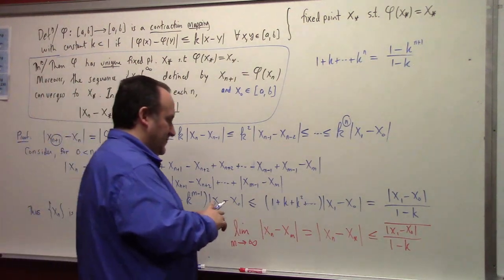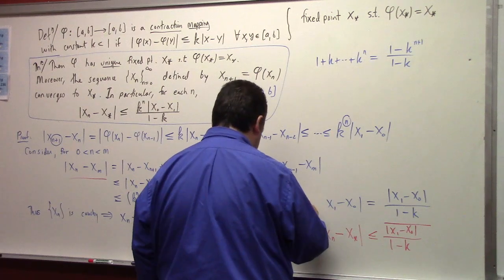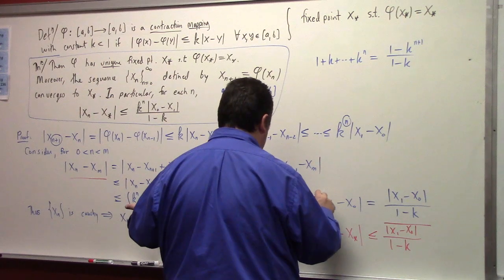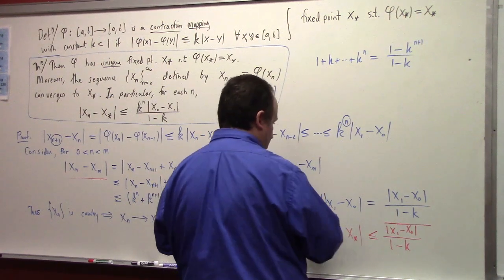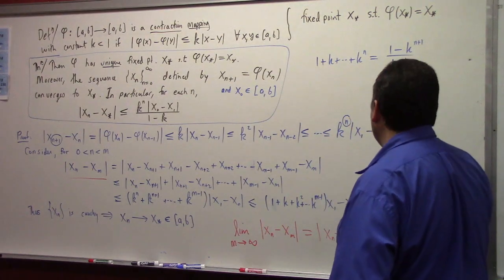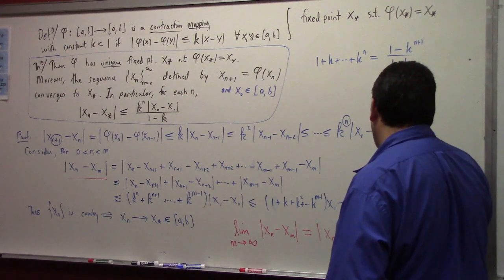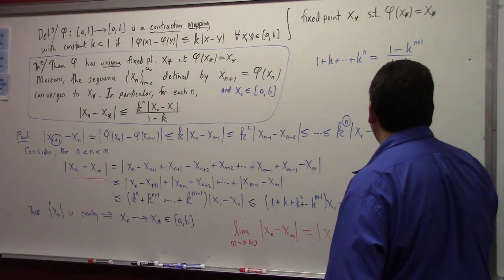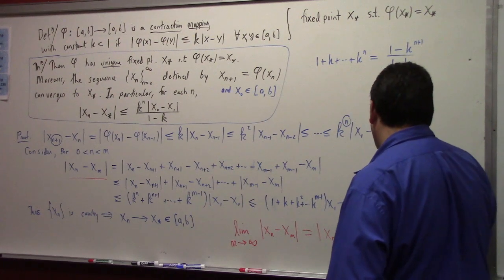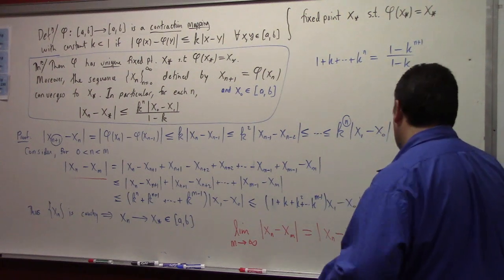If I just go all the way back to 1 and go to k to the m minus 1, then this is straight up equal to, if I believe my math here, 1 minus k to the m over 1 minus k, I think, times the norm of x1 minus x naught. I may have messed that up though.